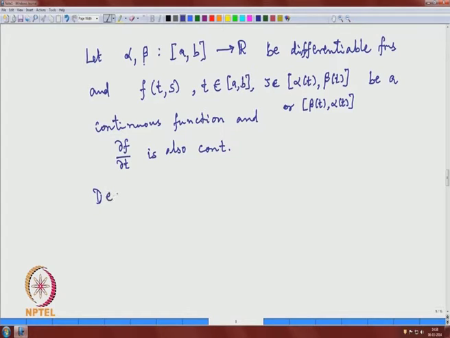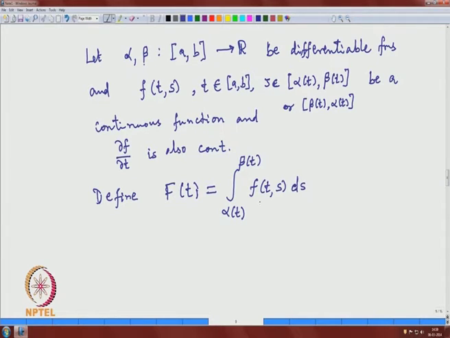Now I am going to define a function of t alone, F(t), just like in the previous case, but now the integral limits are variables alpha(t) and beta(t), and I integrate with respect to s.